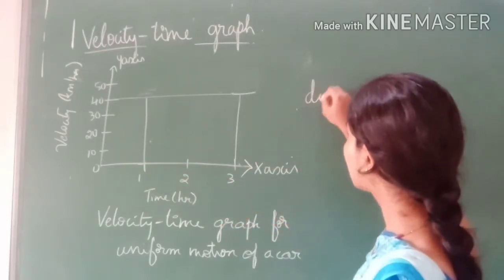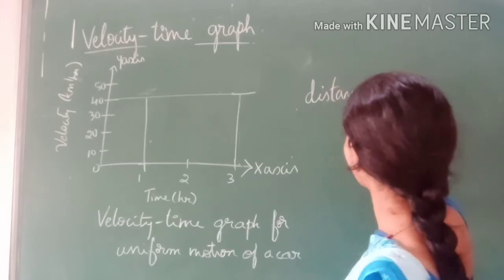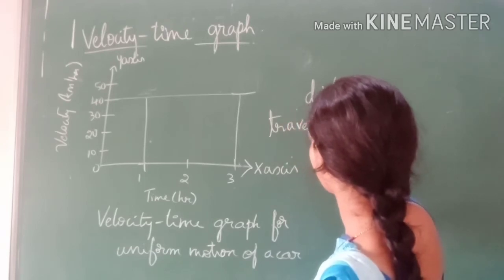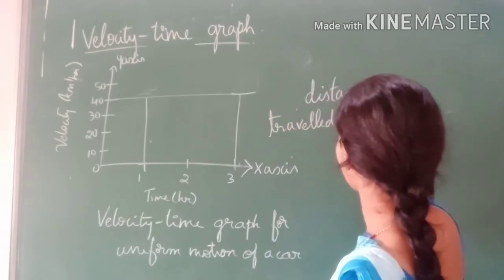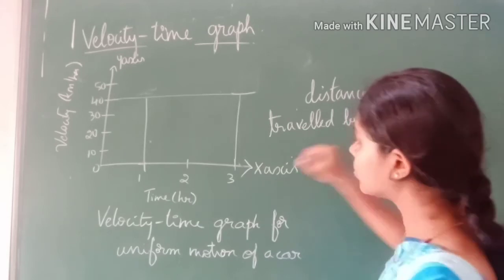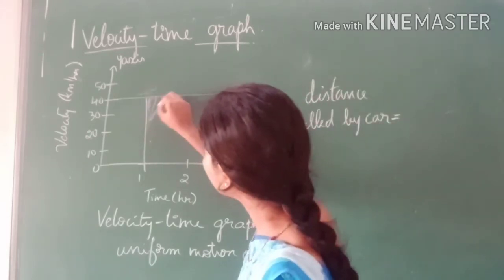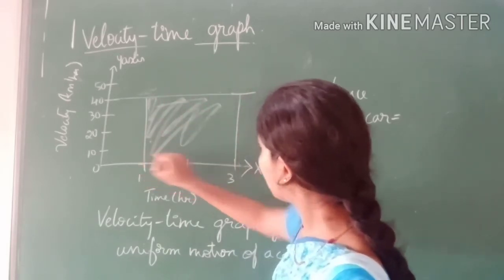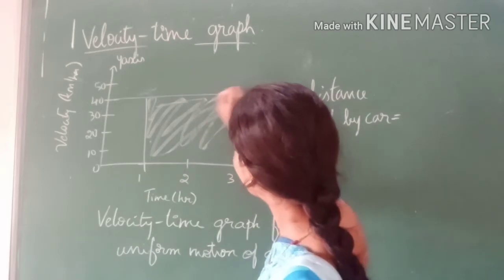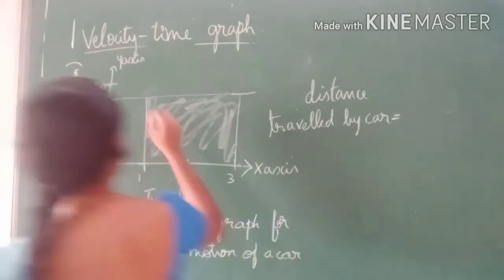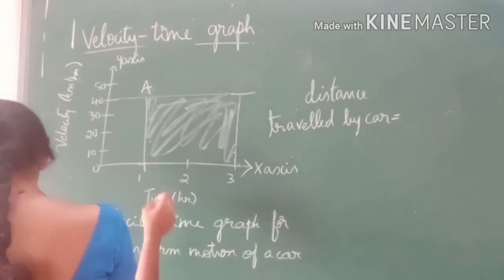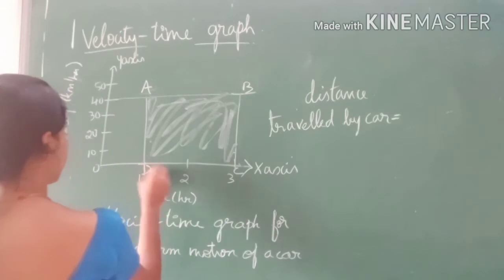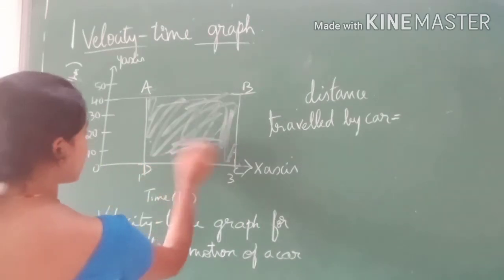So I will consider these points as A, B, C and D. I want to find the distance now.